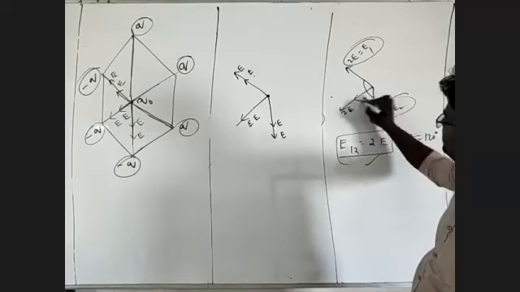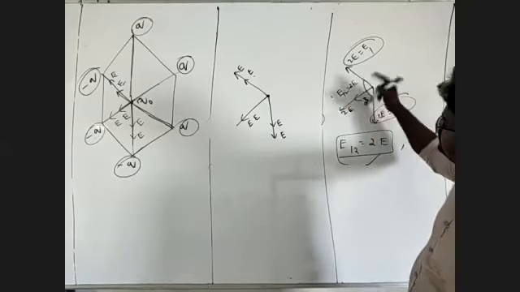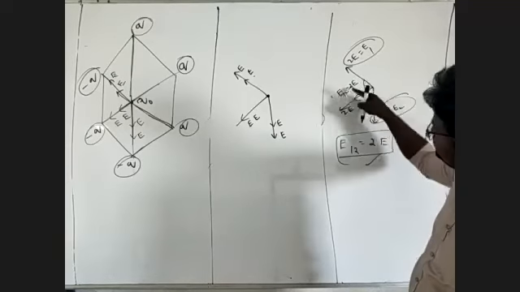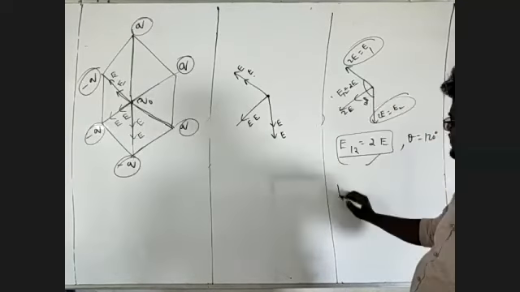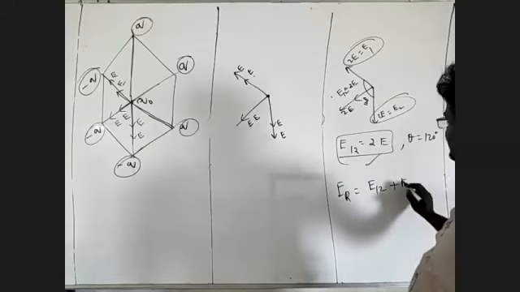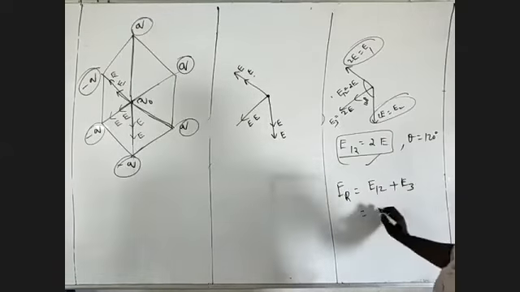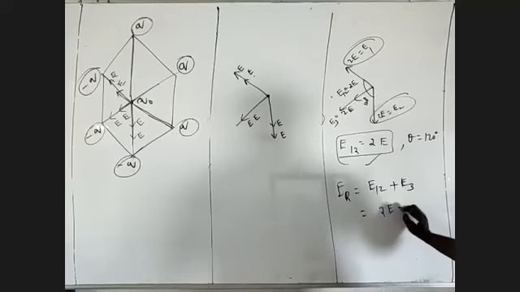The direction is again this direction. E12 is equal to 2E, and the other 2E, both are in the same direction. Total resultant is equal to E12 plus, and now I'm taking E3. So what is the value? 2E plus 2E.